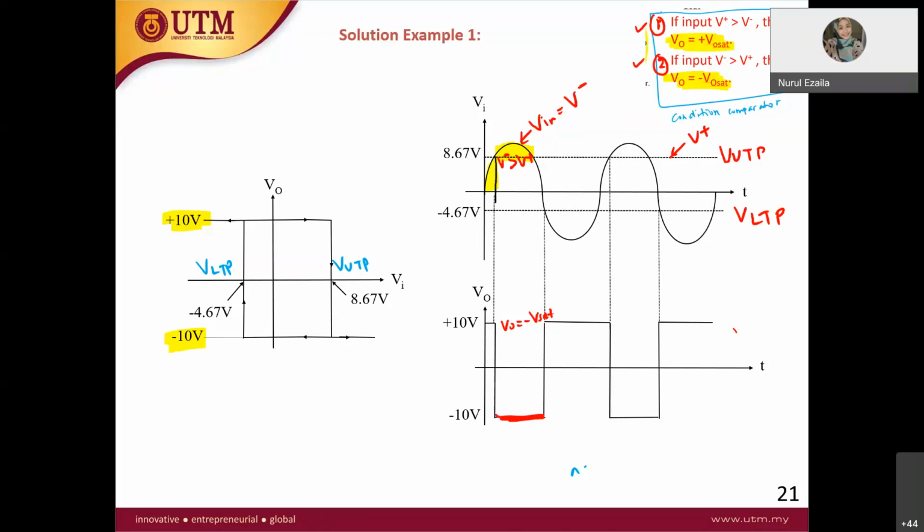Can someone tell me the condition for this one? Is your V minus less or greater than the V plus? So yellow is V minus. The line for VUTP is V plus. Therefore, is it greater or less?